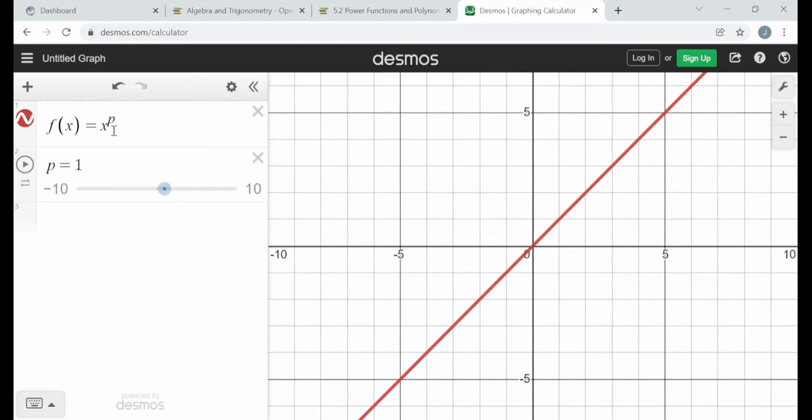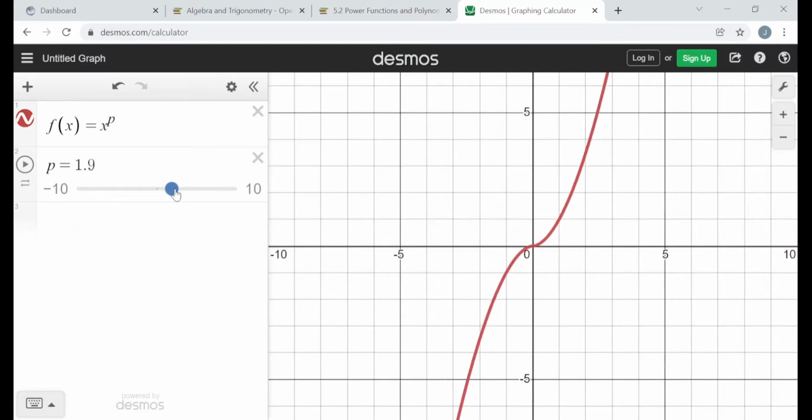When p is 1, you get the linear function, the identity function, y equals x. Then I can change p to 2. You get a parabola, y equals x squared. Change it to 3, y equals x cubed, the cubic function.